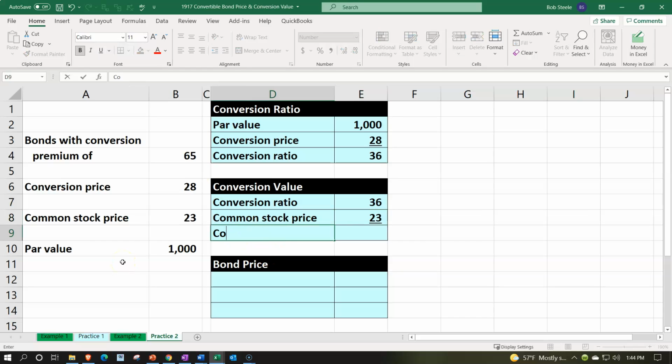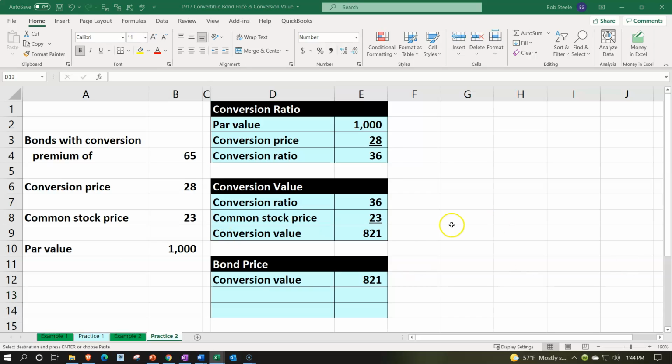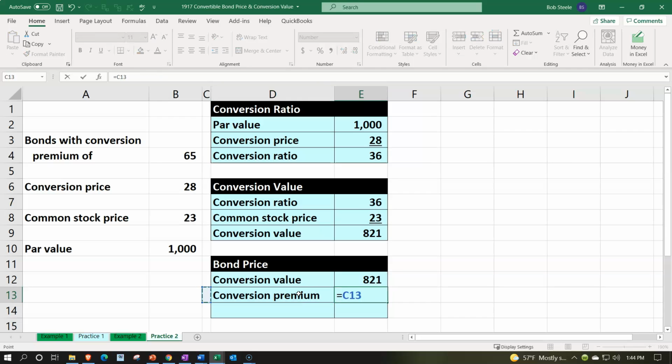That'll give us our conversion value, the value if converted, which is equal to 36 times 23, or $821. Then we can take a look at the bond price, which should be the conversion value, meaning the value of the stock, added to the conversion premium, the amount over and above the conversion value for the market value.